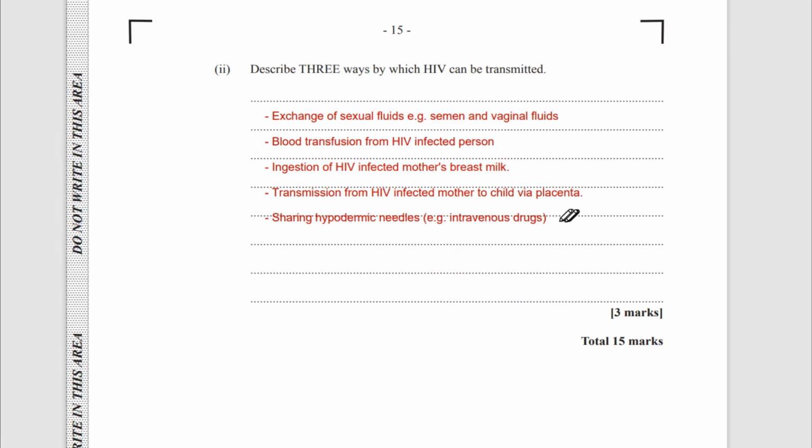And well, this fits under blood transfusions sort of as well, but if you share hypodermic needles, like taking intravenous drugs or drug abuse, if someone who has HIV uses a needle and someone who doesn't, little remnants of blood and the virus could of course transfer. Easy, any three of these would work.